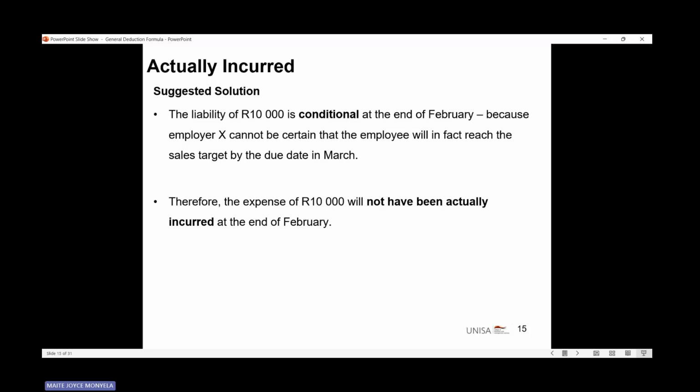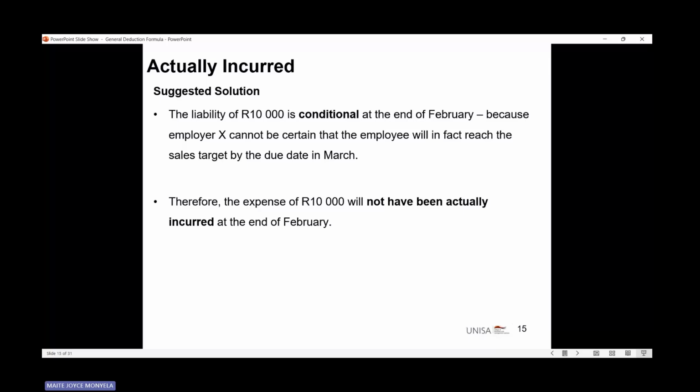Therefore, the expense will not have been actually incurred. So we're testing actually incurred, and it was not actually incurred by the end of the year of assessment. The most important thing to test actually incurred is that there must be no condition, and you must also check the year of assessment to say that expenses qualify as actually incurred.